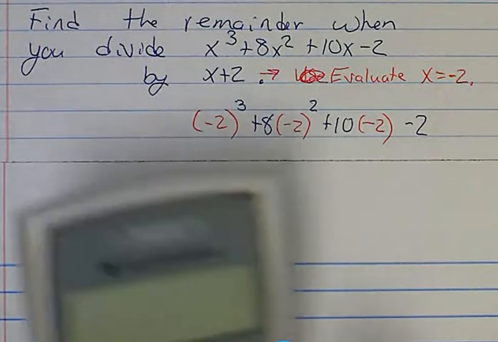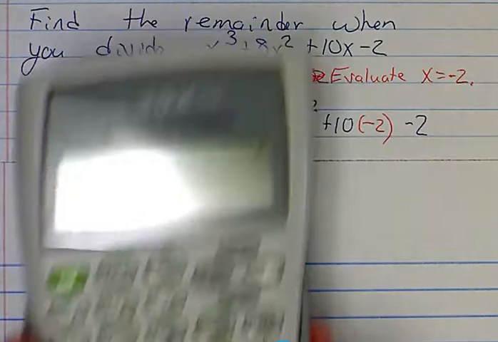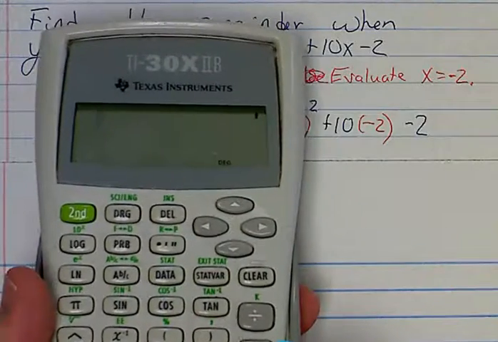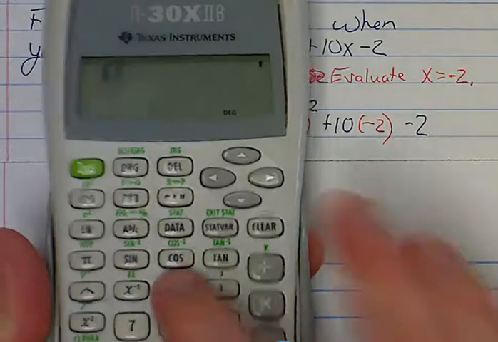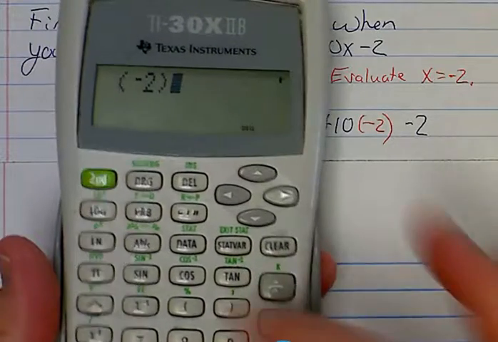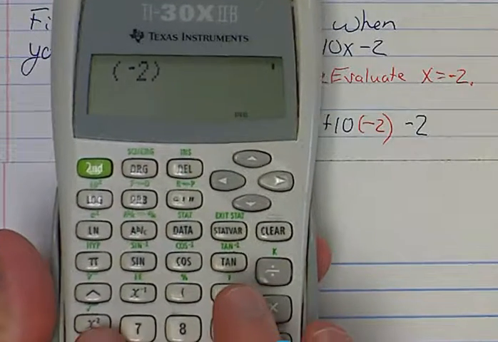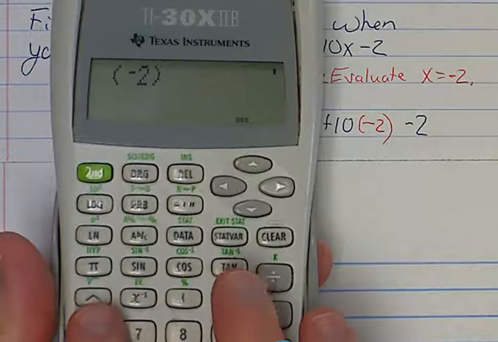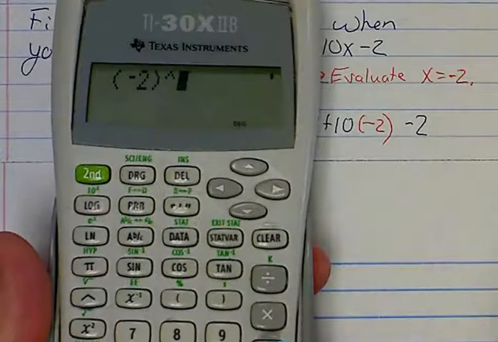One small thing I need to show you: if we're going to evaluate that one, we've got negative 2 to the third power. On here, we don't have a third power button, because you've got your squared button that's here. If you need to do the third power, so we've got negative 2, right above the x squared button, the next button up, you've got what looks like a rooftop or an arrow. If you hit that one, that's your power button. So that's -2, and then you put 3.